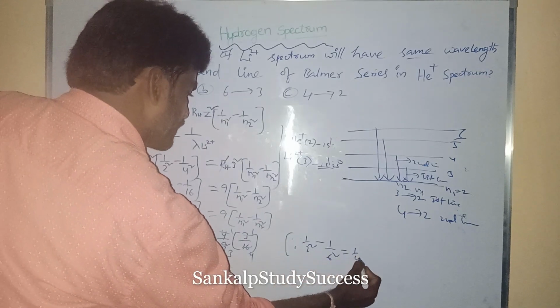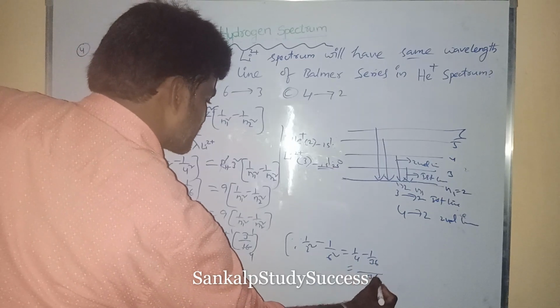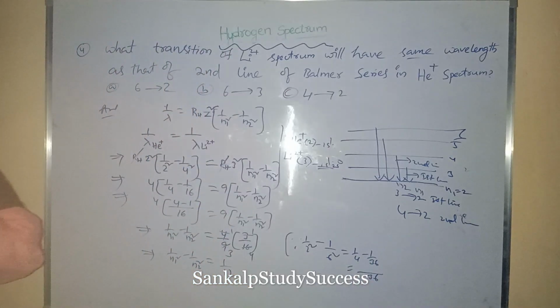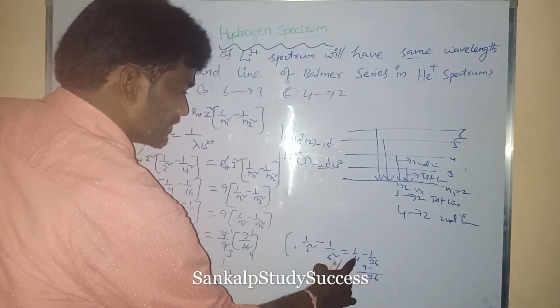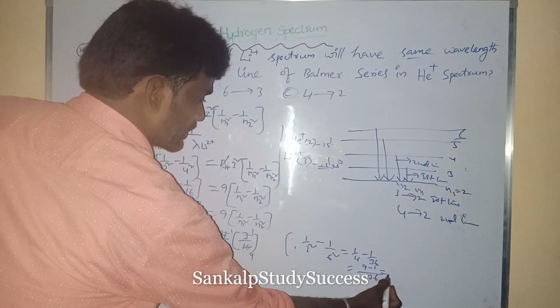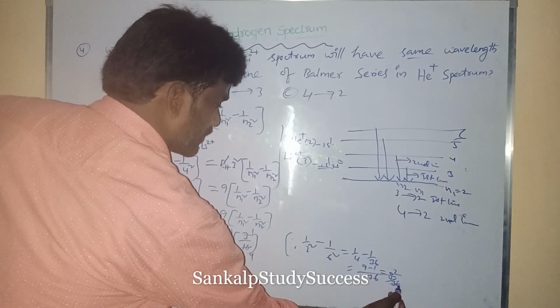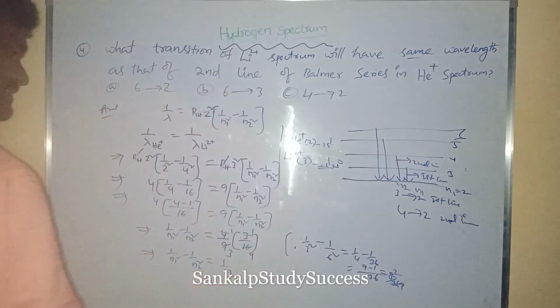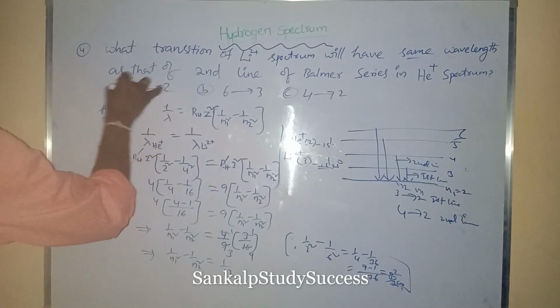So 1 by 4 minus 1 by 36. What is its LCM? 36. 9 minus 1, 8 by 36. So 4 2s are 8, 4 9s are 36. So this is 2 by 9 that came, this is wrong.